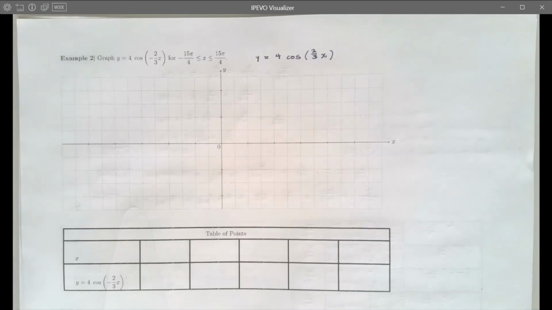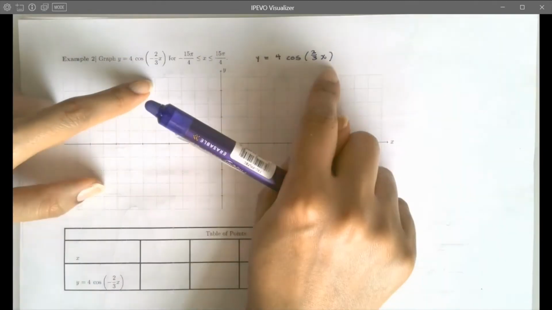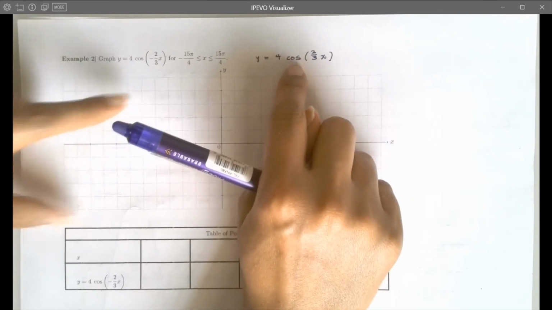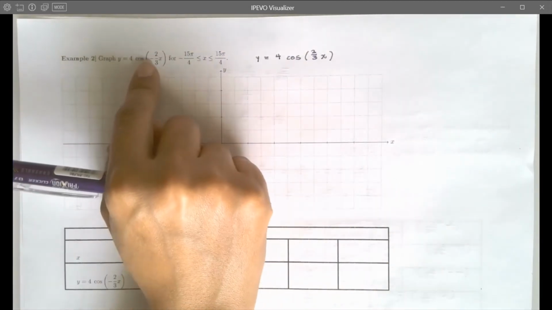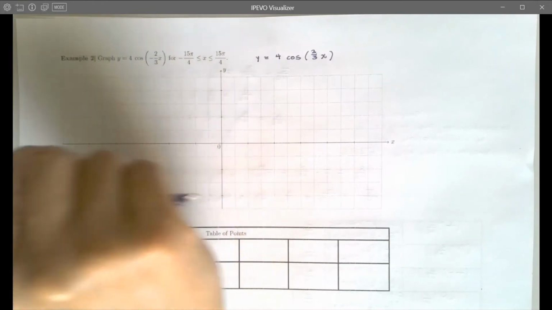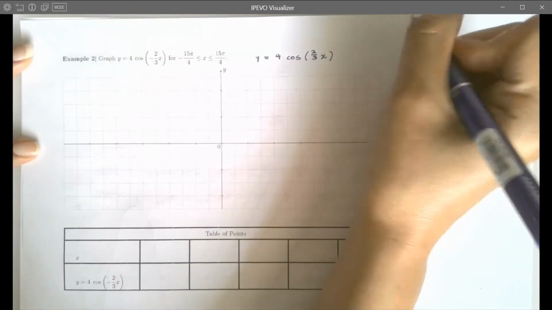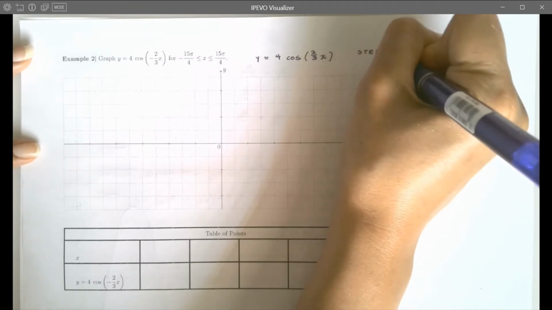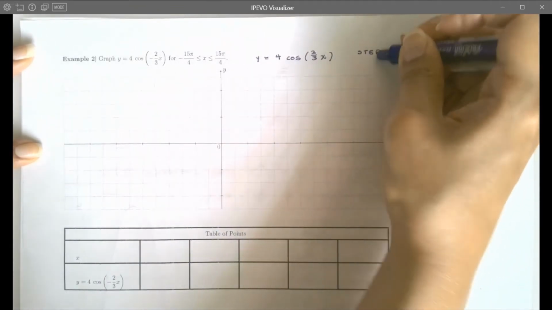The y values are going to be equivalent for every x value. So we can just simply deal with graphing this instead of the negative 2/3. Alright, so if we go through that series of steps that we were looking at for the previous example, the first step is to find the period.